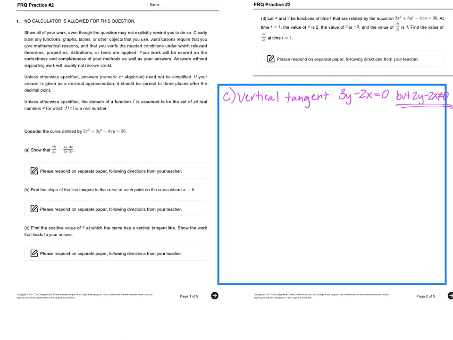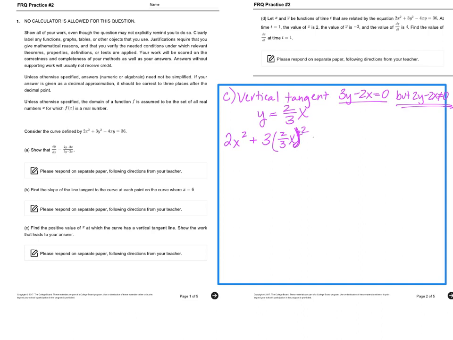So I've got to figure out this. Now it's asking for the x value, so it'd probably be smart to set that equal to 0. Notice when I solve for y, I get 2/3 x. And then I'm going to plug that back into my equation. So 2x squared, the original equation, plus 3, parentheses squared.